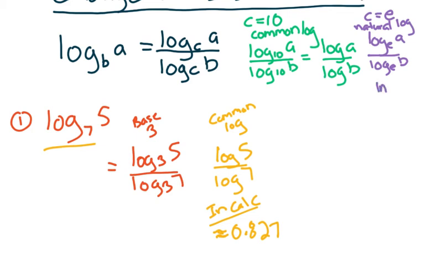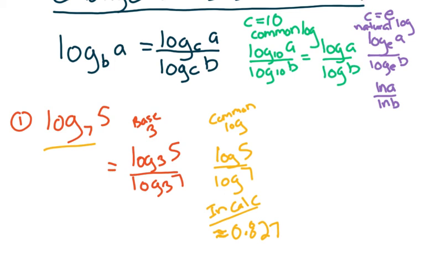We could rewrite this as ln of a divided by ln of b. Now, e is a number that's like pi. It goes on forever. It's an irrational number, an ugly decimal, that's used in nature and found in the real world a lot of the time.